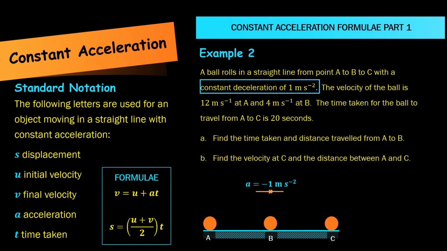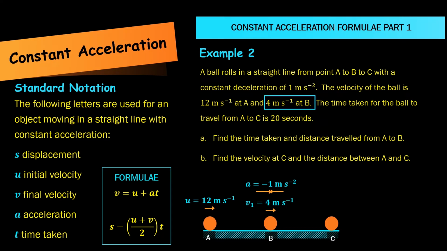So the ball is travelling at -1 meters per second squared. The initial velocity at A is equal to 12 meters per second. At B, the velocity is 4 meters per second.